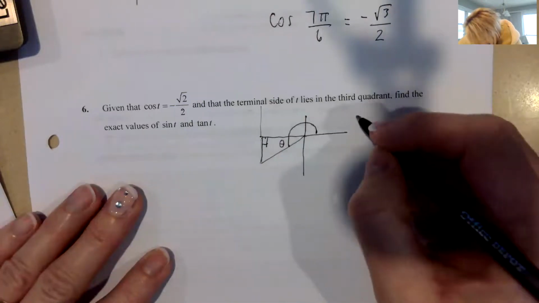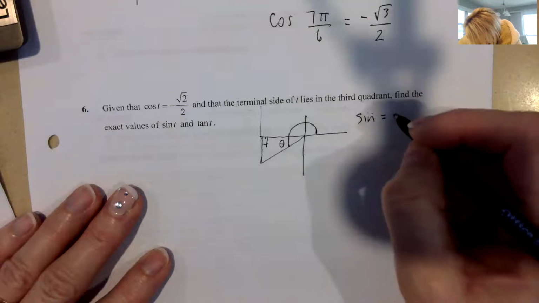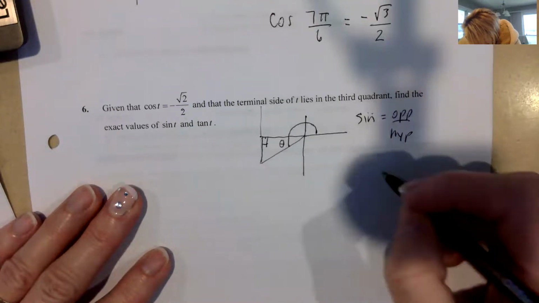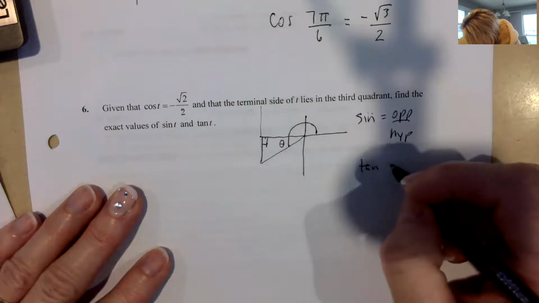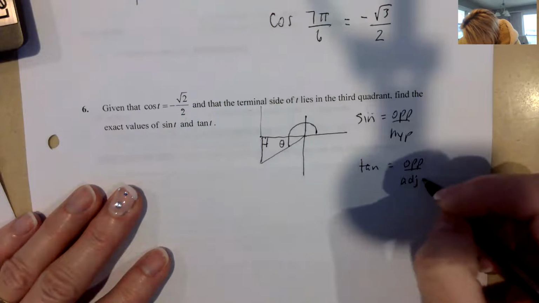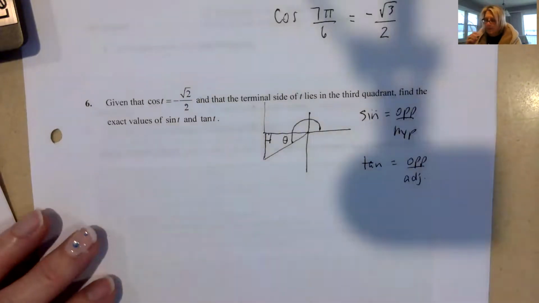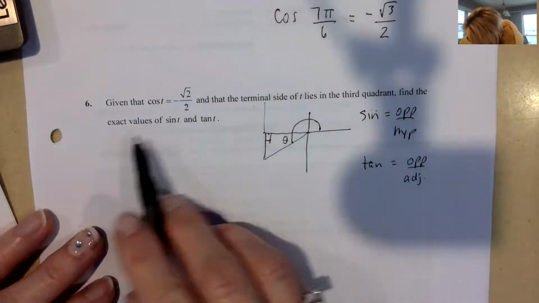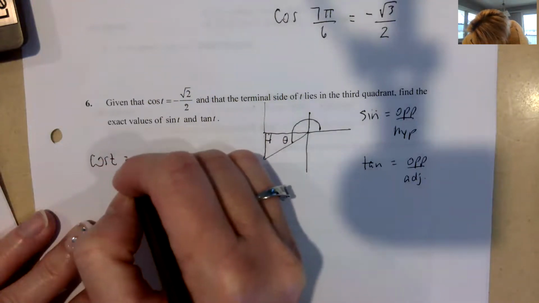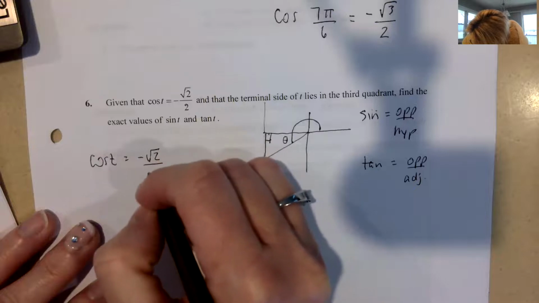Let's remind ourselves that sine is opposite over hypotenuse, and tangent is opposite over adjacent. Cosine, they're telling us here, is a negative square root of 2 over 2.